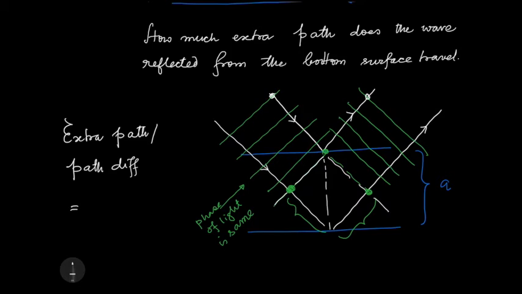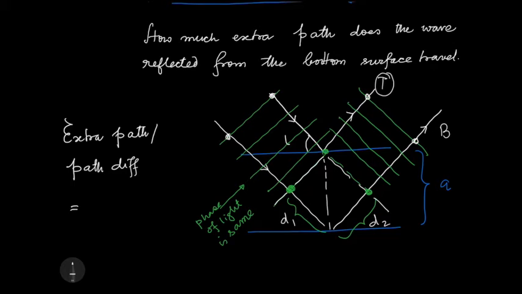So if I consider this point to this point in the top reflection and this point to this point in the bottom reflection, they have extra path here, say d1, here d2, and from the geometry it is clear that d1 equals d2.